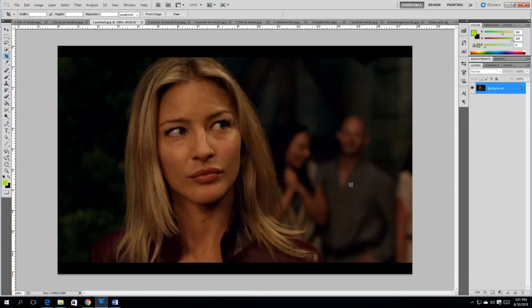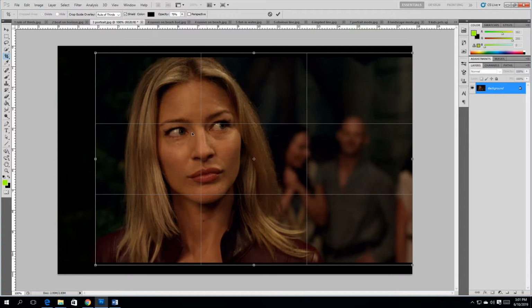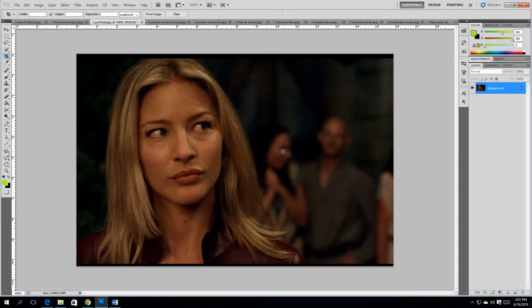So if I undo that, this isn't perfectly following the rule of thirds. In this case, I would say that she's taking up enough space that she's becoming more linear than anything, which is fine. But just the idea of, I'll crop down to simplify it a little, just the idea of balancing her off to the side, especially in the case where she has this gaze pointed toward this empty space.